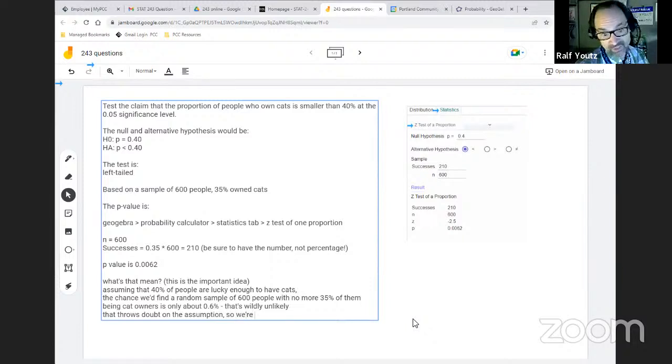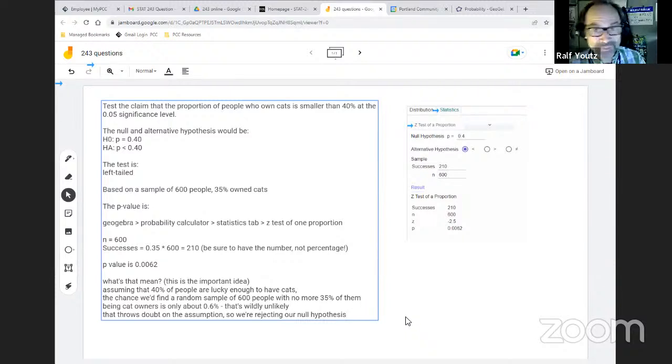So we're rejecting our null hypothesis. We got some evidence here that sadly, less than 40% of people might have cats. That's if this is real data. And there's no reason to believe that it is. It's just here in a homework problem.